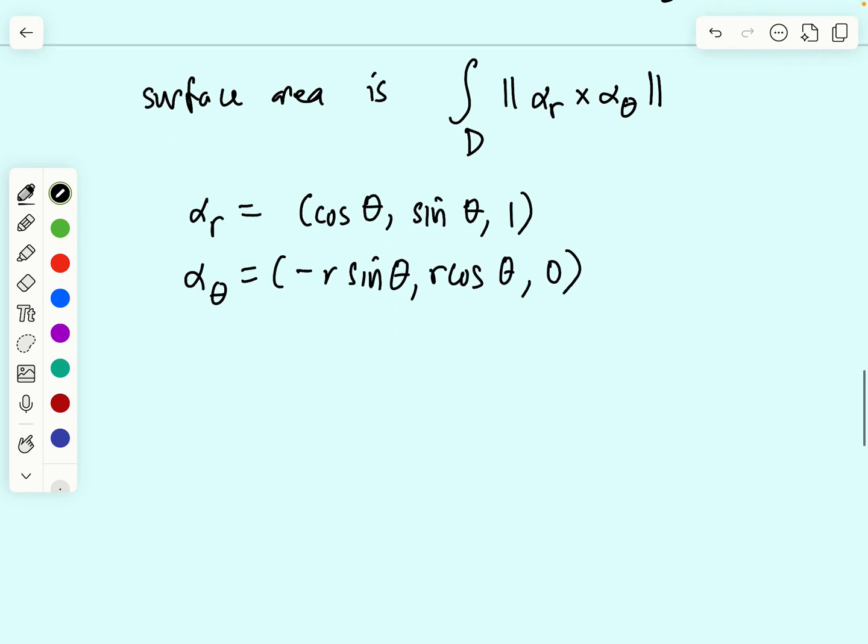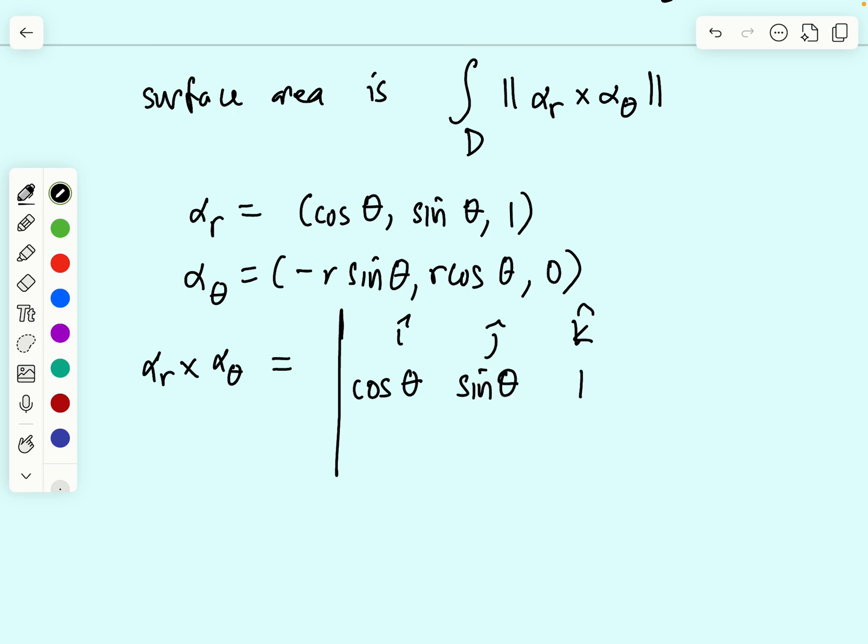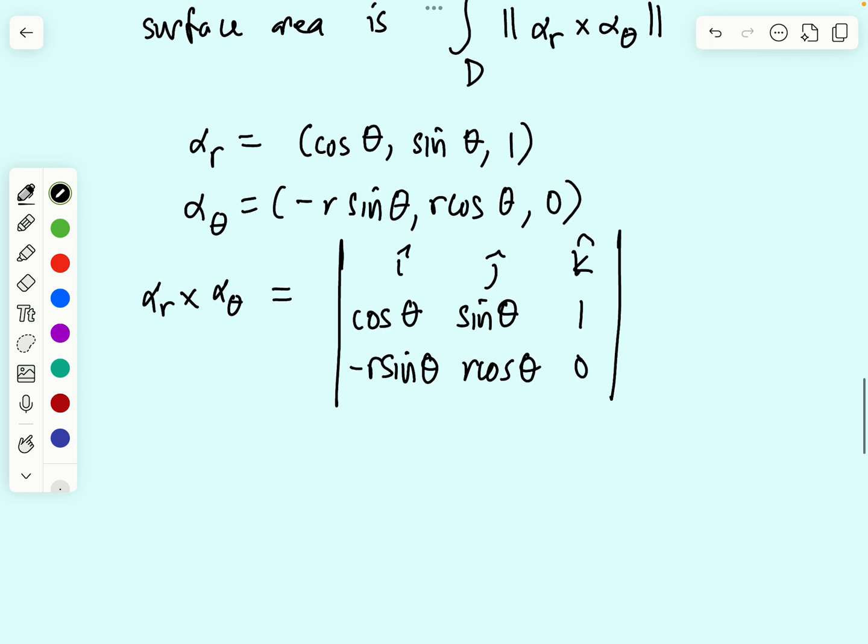And so we now need to calculate the cross product, alpha r cross alpha theta. I'll let you calculate the cross product. You get negative r cosine theta, r sine theta, r.